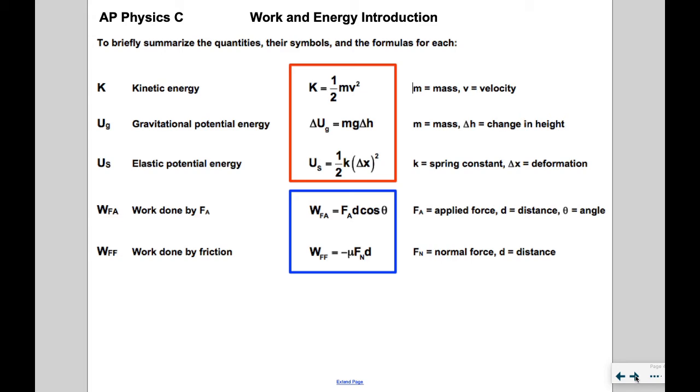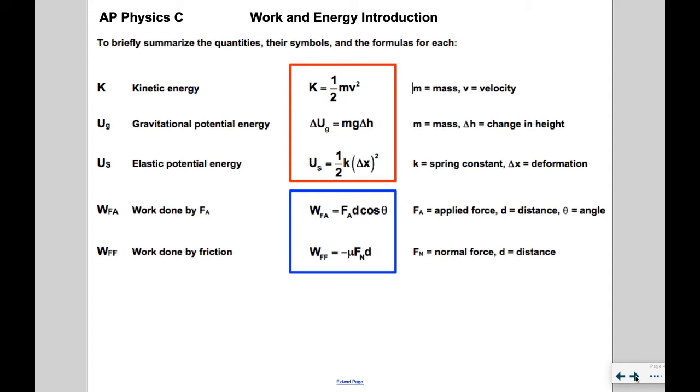Generally speaking, this is listed as delta U sub g equals mg delta h, where m is the mass, delta h is the change in height. You might remember mgh from last year.